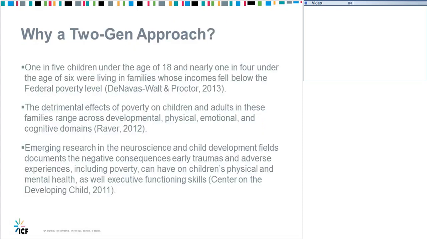The value of the two-generation approach is driven by the things that you heard Kristen mention in her earlier comments. We were seeing these extraordinarily detrimental effects for kiddos who were living in poverty, who were growing up to live in poverty, who were not able to develop in healthy, age-appropriate ways across all kinds of physical, emotional, and cognitive domains, which is not to say certainly that that applies universally across every child in every home.